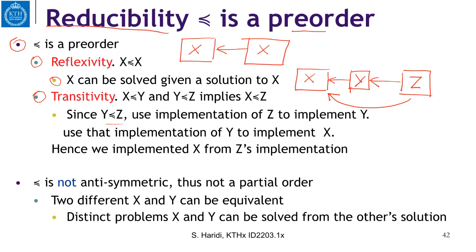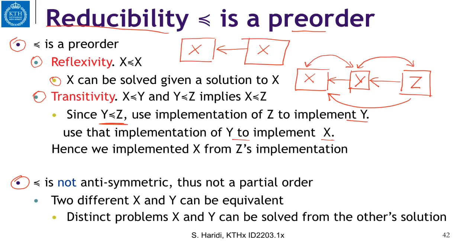Since y is reducible to z, we can use the z's implementation to implement y. And then we use the y implementation to implement x. Thus, we have an implementation of x in terms of z.